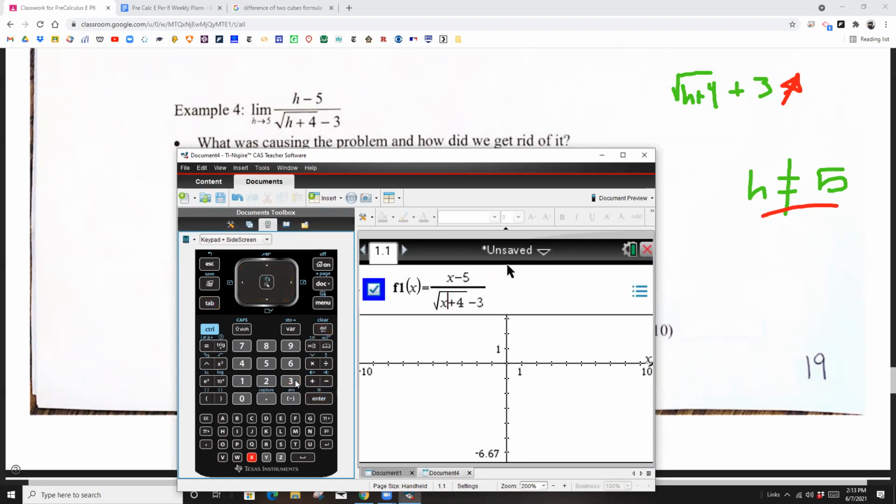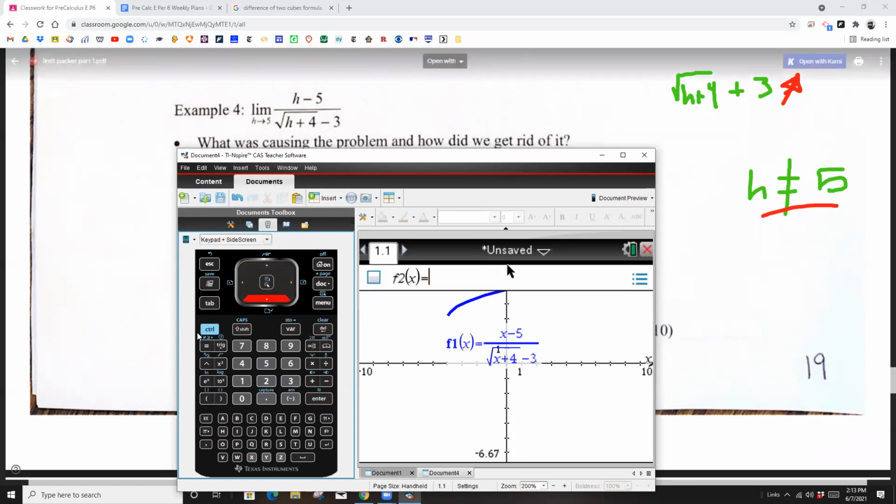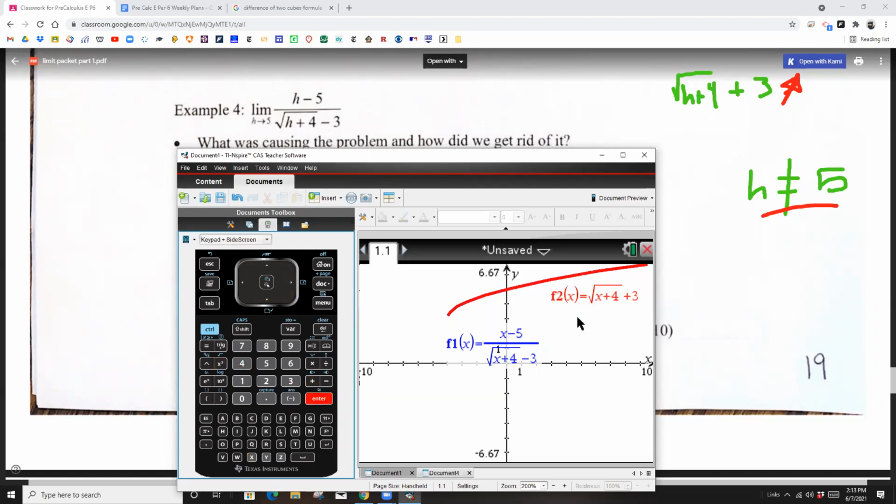You have to use x. And then if I do square root of x plus 4 plus 3, see, it's the same exact graph.